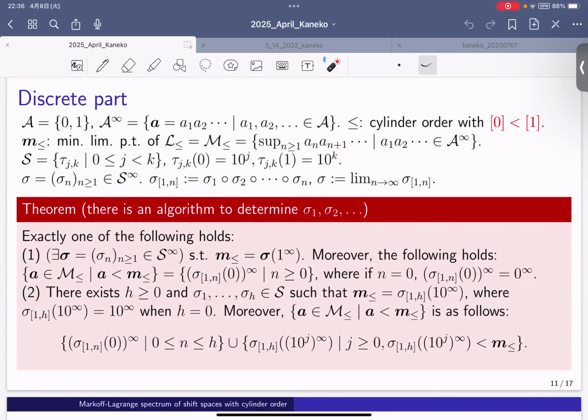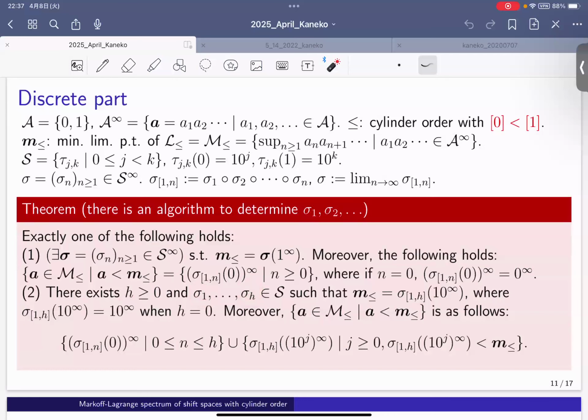In the second case, the substitutions appear only finitely many times, and the minimal limit point is written in terms of finitely many substitutions.